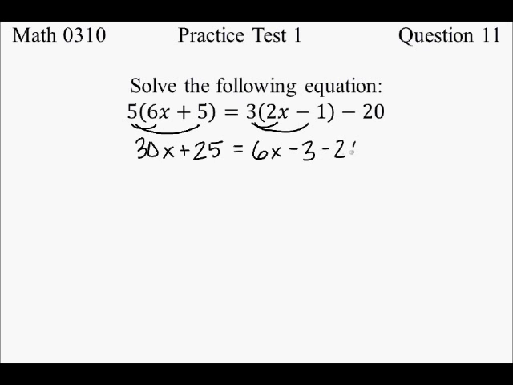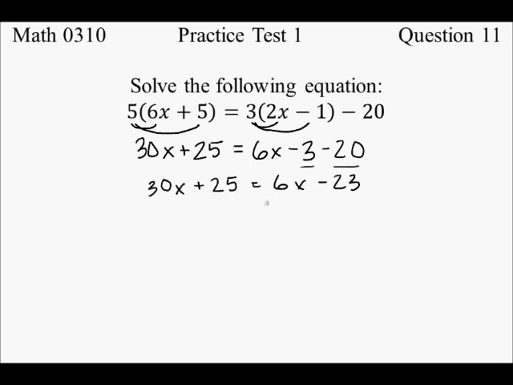And minus 20. So here we can see maybe on the right-hand side we have like terms that we could gather together, our constant terms. So let's go ahead and gather those together. We'll keep our left side the same here, 30x plus 25. So over here we get 6x minus 3 minus 20 would be a total of minus 23 there. Alright, now we can see that we have x terms on both sides, so we want to gather our x terms together on one side here.